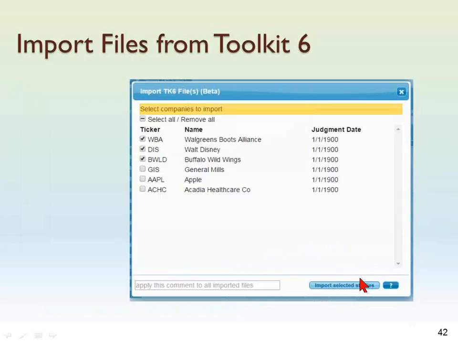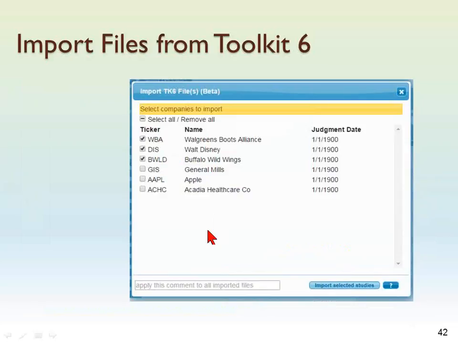If you have just a single file, it will go ahead and import, give you a success message, and you're on your way. If you have a backup or a library database, you will see a list of everything that's in there. There's no restrictions on how many it can list here.